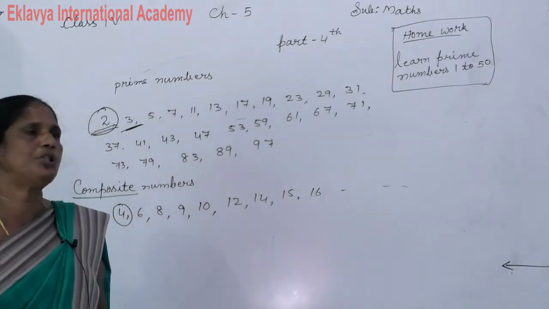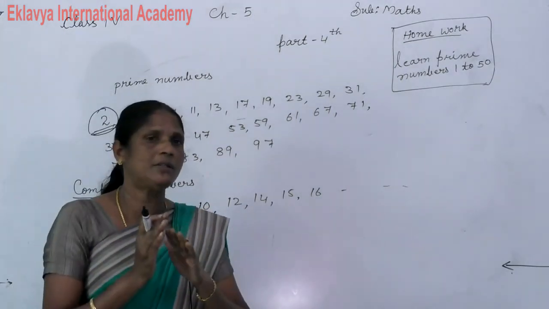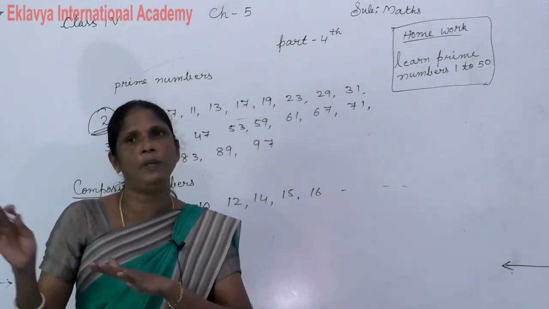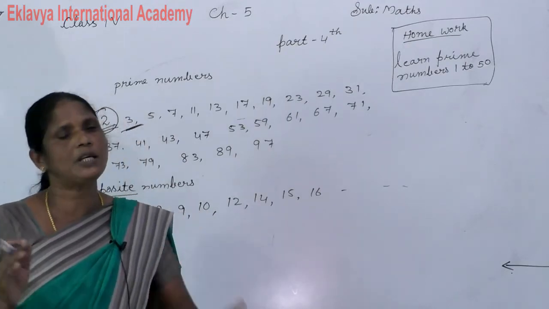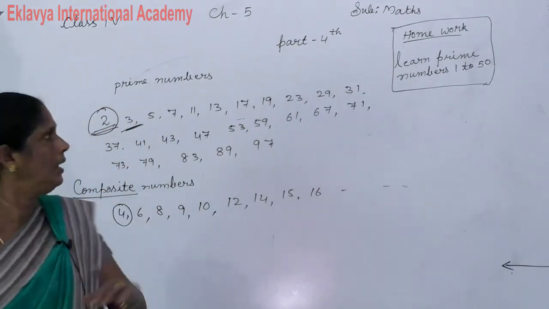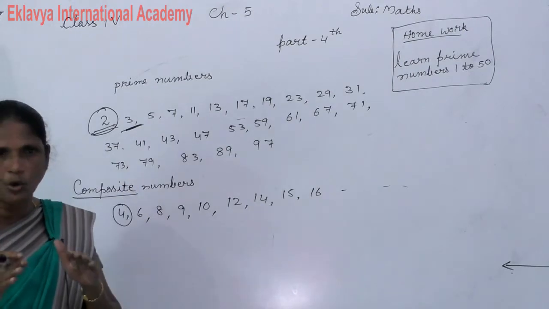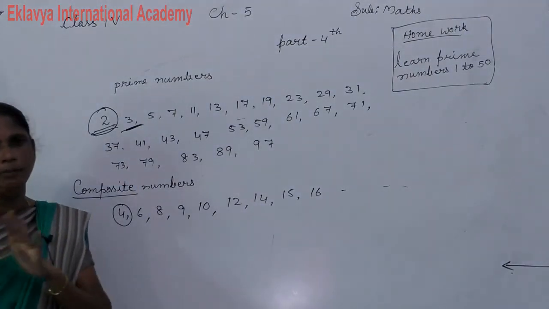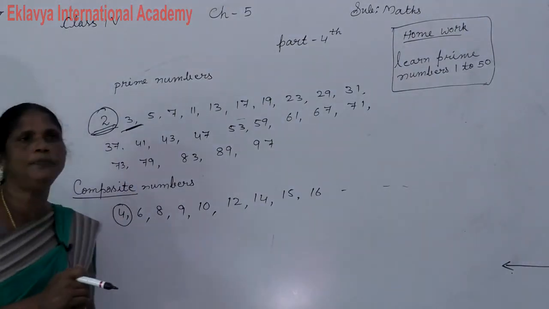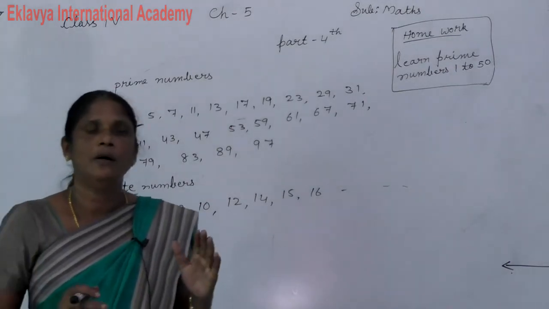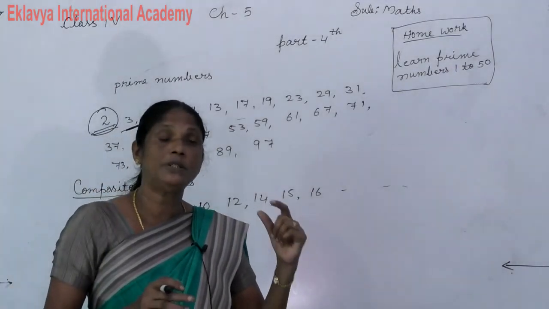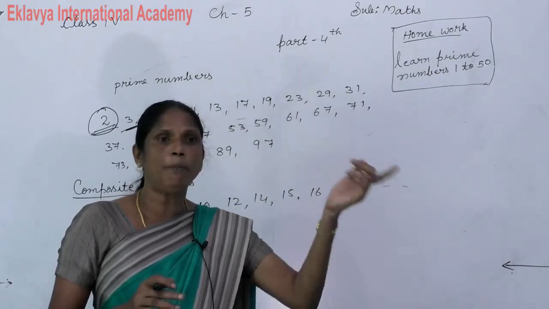I will ask some questions. Dash is the smallest prime number. Which is the smallest prime number? 2 is the smallest prime number. Second question, which is the smallest even prime number?